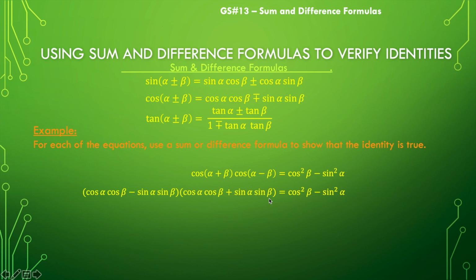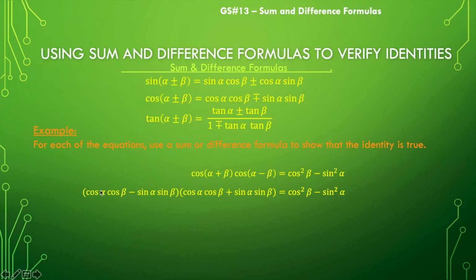All right, so it's ugly, but we are going to see what we can do and make it look like what we have on the right-hand side. Well, notice I have really an a minus b times a plus b situation. So I can multiply these together and get a squared minus b squared.